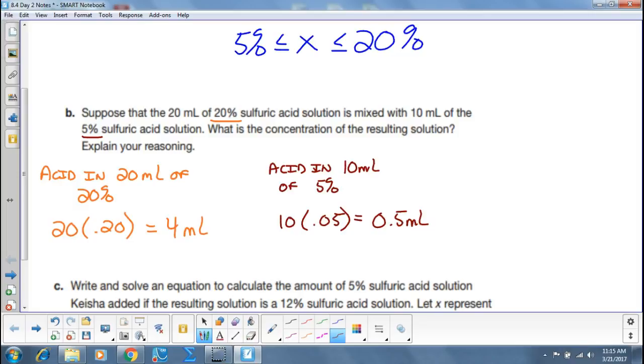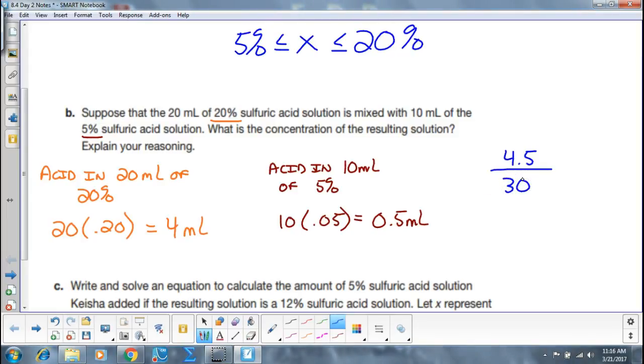So, if we mix the two solutions, how much acid do we have in our third beaker? We've got 4.5 milliliters of acid. How much total solution is in that third beaker? 30 milliliters.